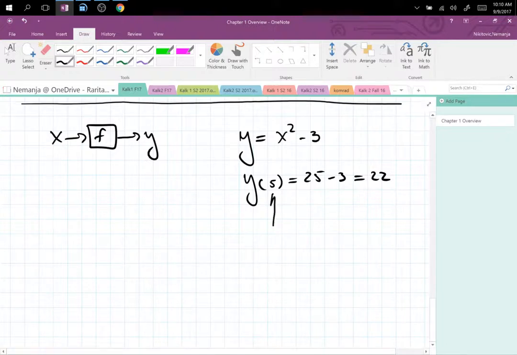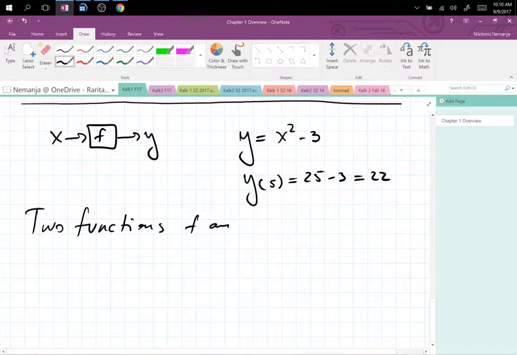Because remember that the input was 5. I can obtain that number 5 using a different function. So what can I do if I have 2 functions?